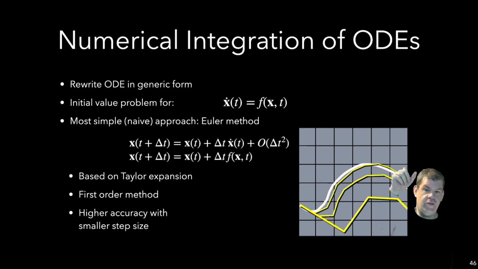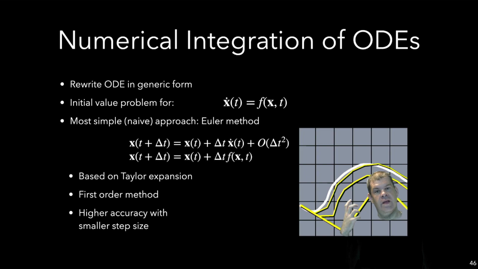The white curve is the actual path that the particle should take. Now, depending on my delta t, I can get a big delta t with this result, a smaller delta t gives this one, and an even smaller delta t gives that one. So the smaller my delta t is, the smaller my error will generally be.